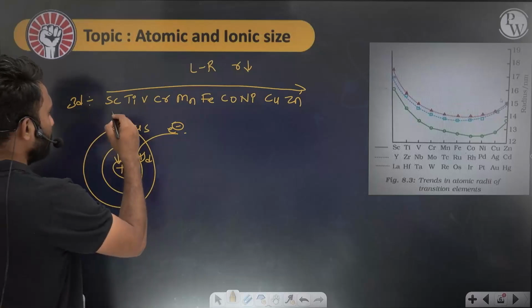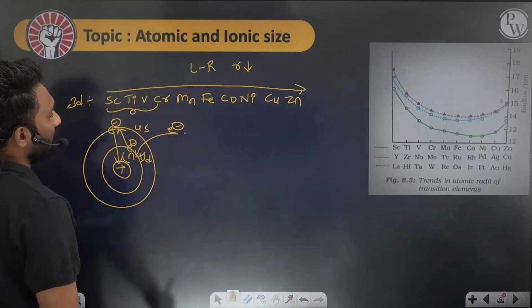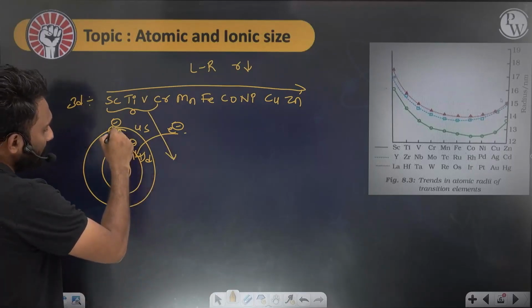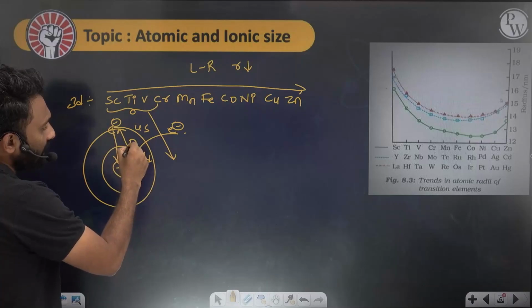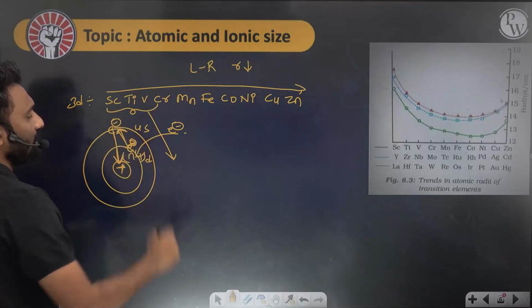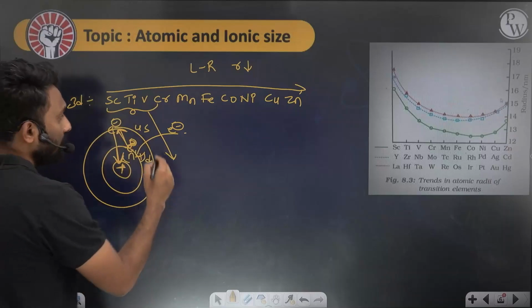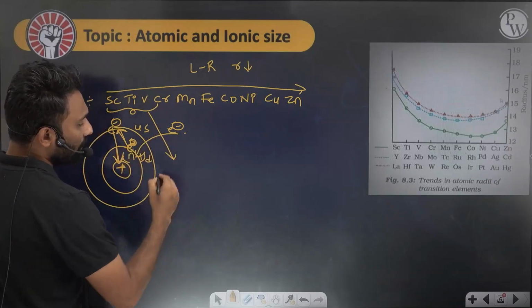Up to here, from scandium to chromium, this valency electron is attracted towards the nucleus, and the inner electron is repelling this valency electron. ಅಲ್ಲ. Now what is going on?